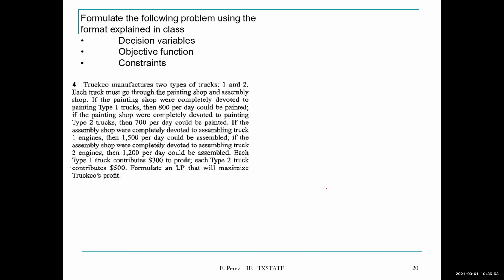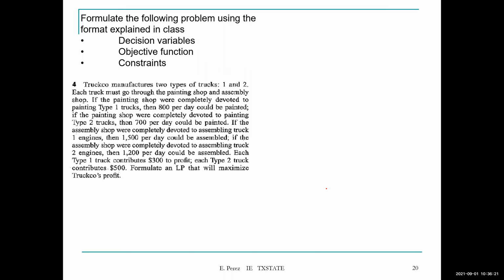If devoted to painting type 2 trucks, then 700 per day could be painted. If the assembly shop were completely devoted to assembling truck 1 engines, then 1,500 per day could be assembled.